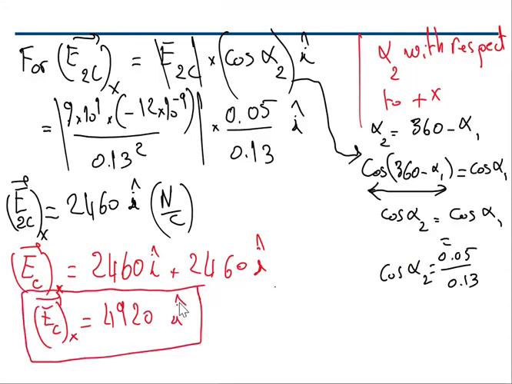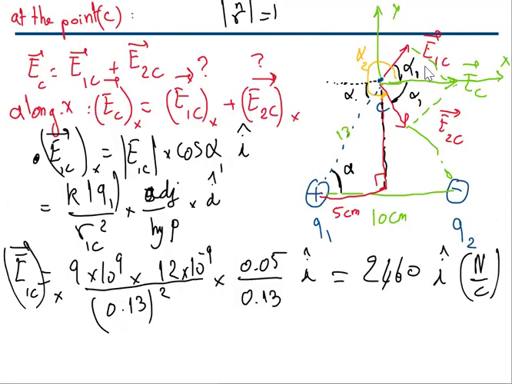What about now the y component of the vector? You see here in this figure that for the first vector, the y component is upward. For the second vector, the y component is downward. The same distance here, 13 centimeter, 13 centimeter.